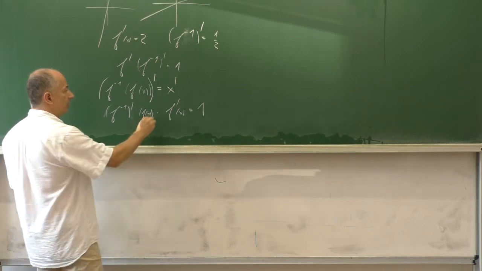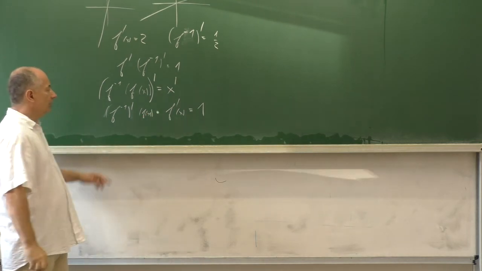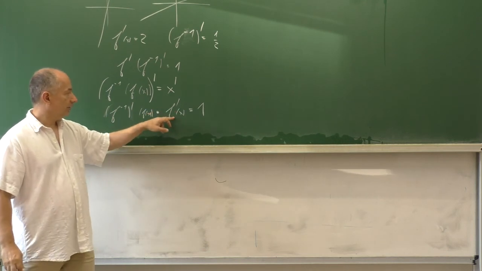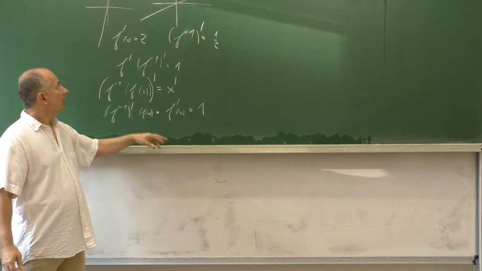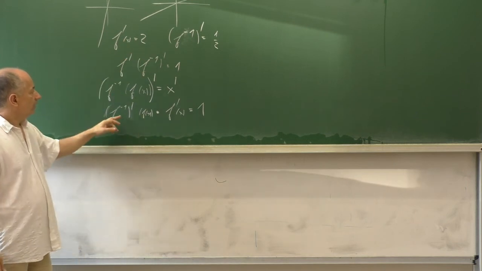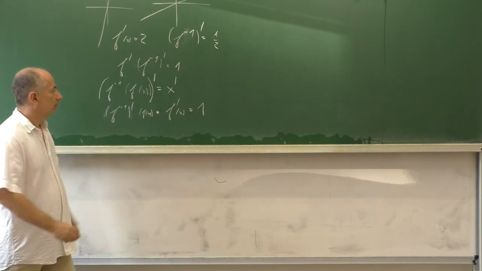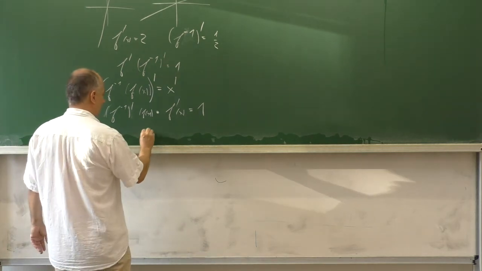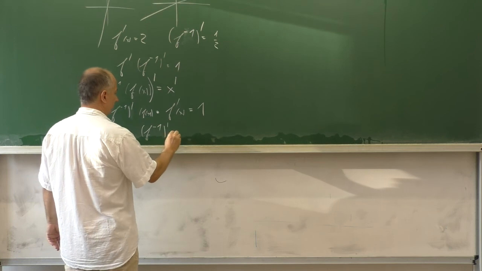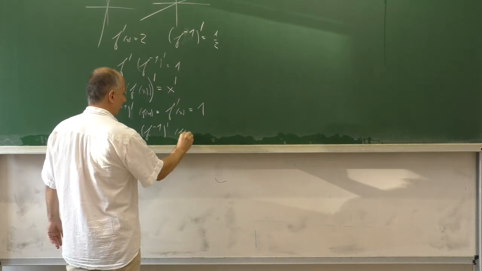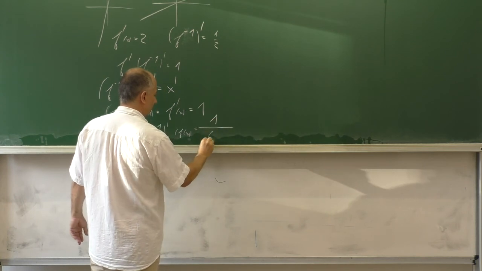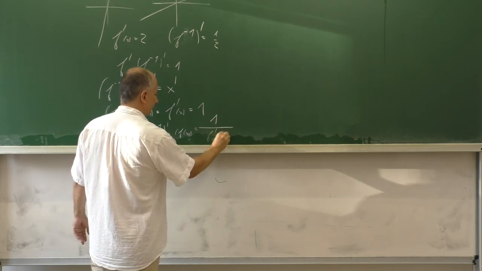And that means that the product of the derivative of the inverse function and the derivative of the function is 1. So the derivative is 1 over f prime. F inverse derivative at the point f of x is equal to 1 over f derivative x.